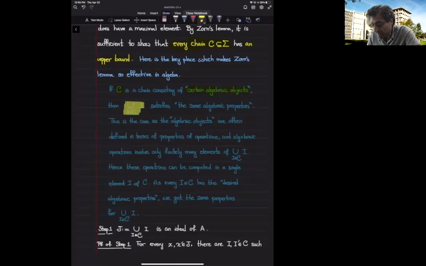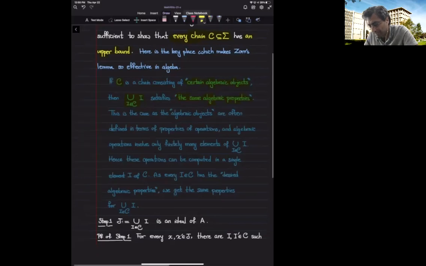And my claim is that the union of elements inside a chain is going to satisfy the same algebraic properties, meaning in this case it will be an ideal again. So the union of a chain of ideals is again an ideal. So that's an example that you can have in mind, but any algebraic object can be of this form.